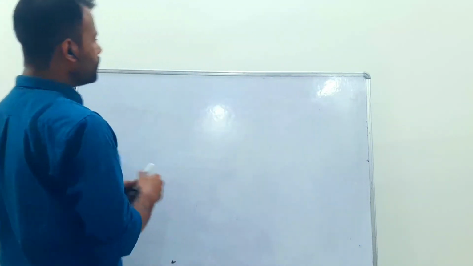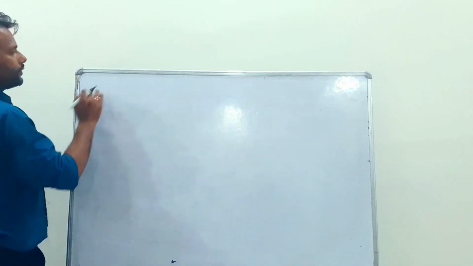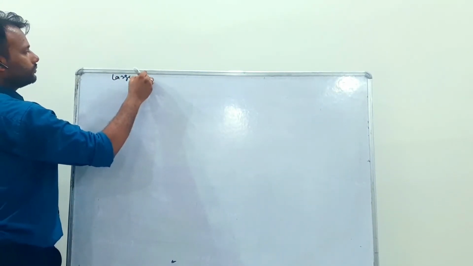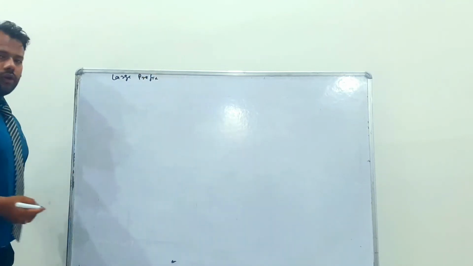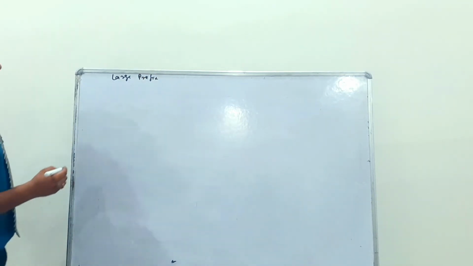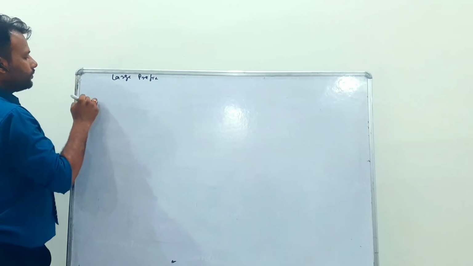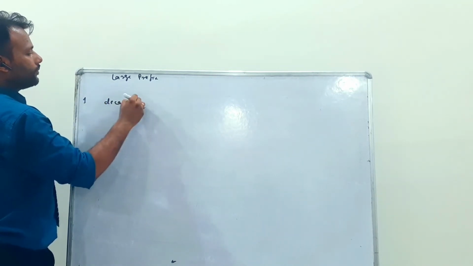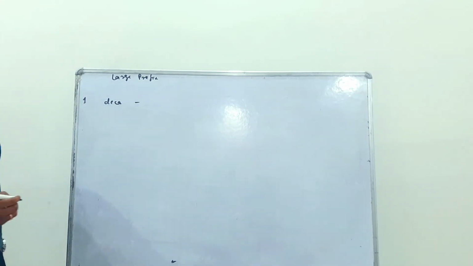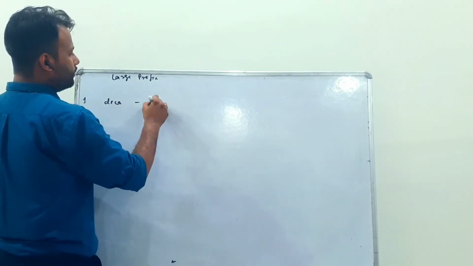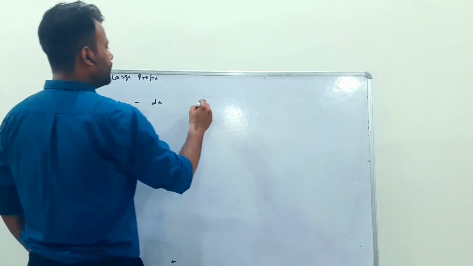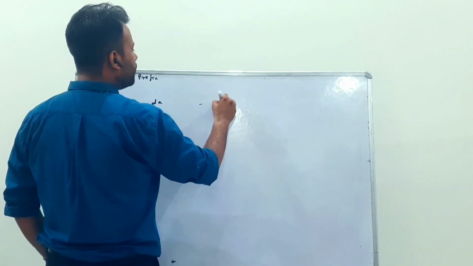There are two types of prefixes. First we have large prefixes and smaller prefixes. What are large prefixes? First is deca. The symbol for deca is DA, and power is 10 to the power 1.